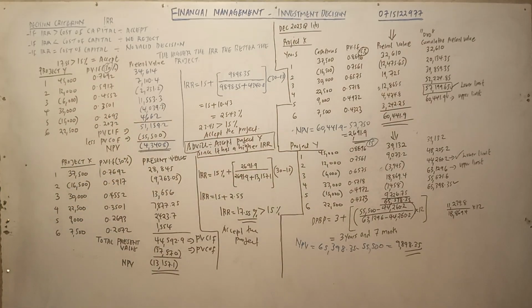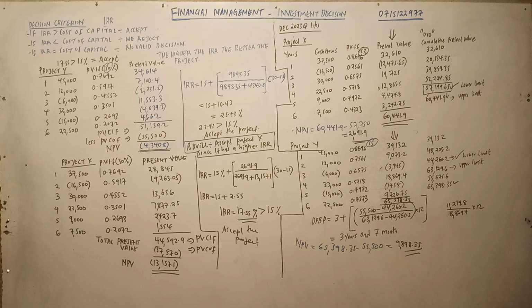So you accept project Y since it has a higher IRR. So that one marks the end of the discounting technique and the traditional technique, for modern and traditional.